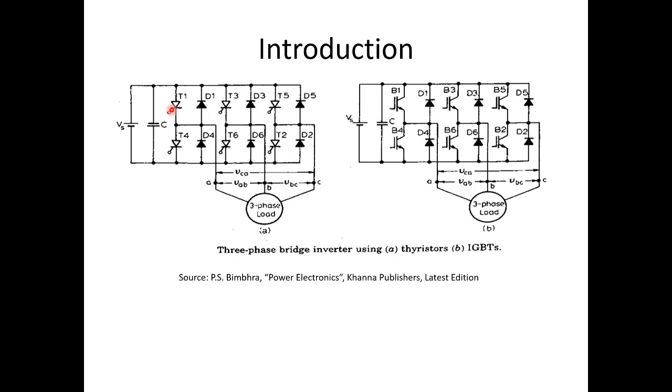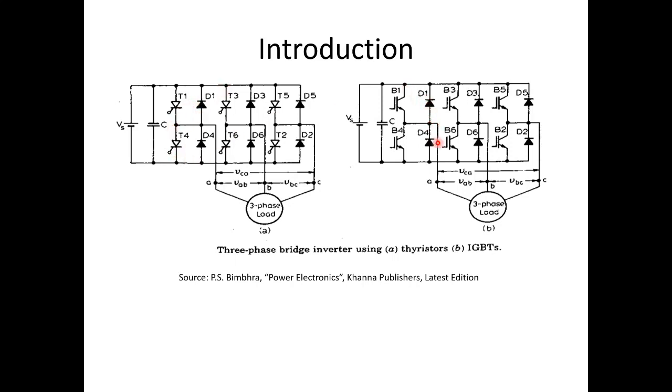We know that in order to realize a three-phase voltage source inverter, we require 6 bidirectional and unipolar switches. So you can see this T1 D1 is one such switch, and this T3 and D3, T5 D5. A thyristor in antiparallel with a diode together constitute a bidirectional unipolar switch, and we have 6 such switches.